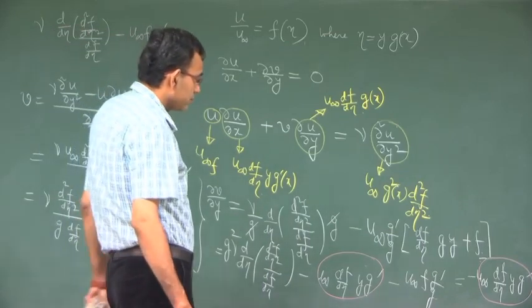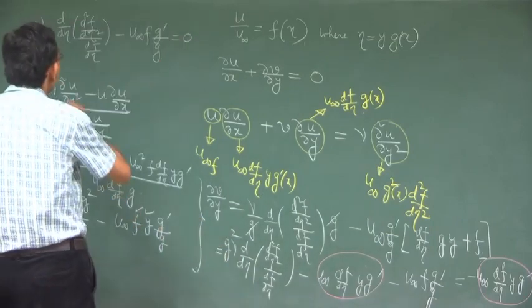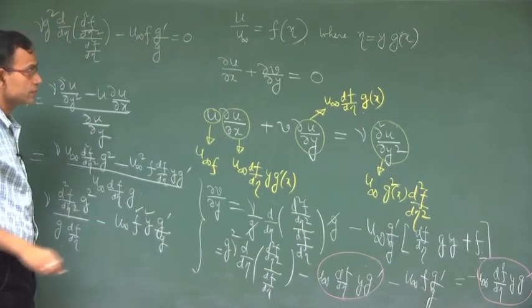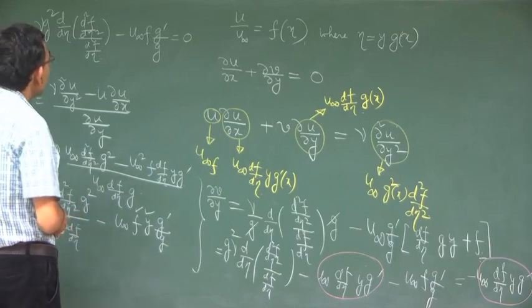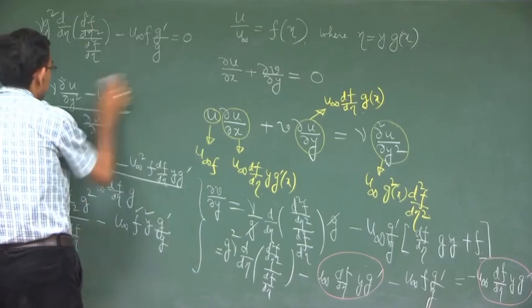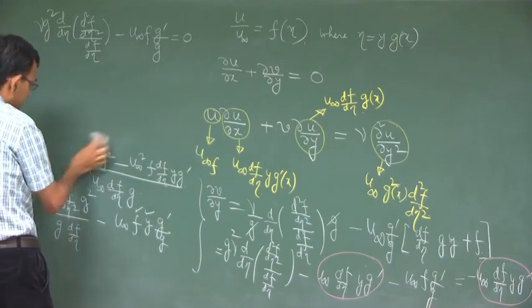So, nu g square, right. I think that was the only thing that was missing. So, then let us erase this, hopefully the remaining algebra is correct.